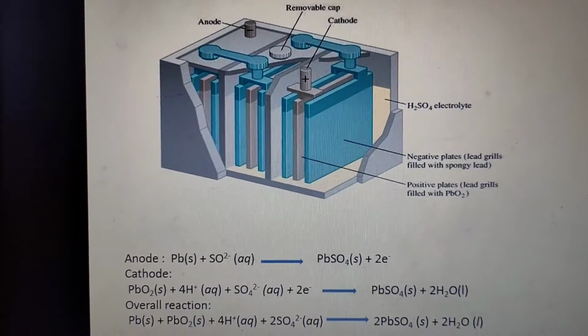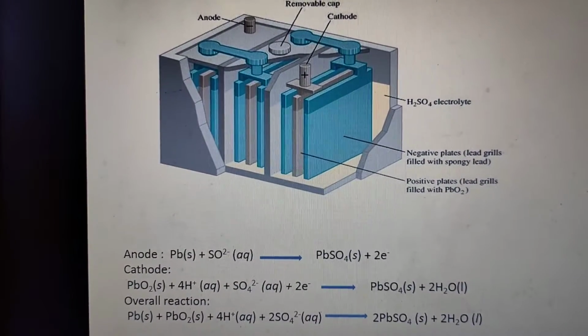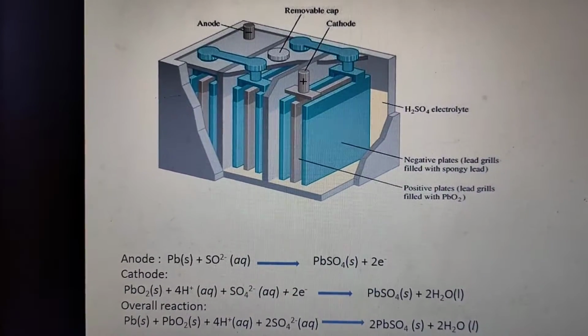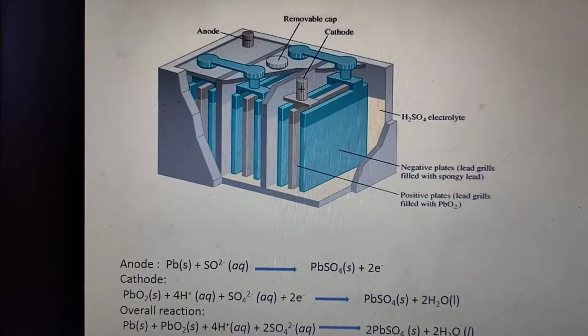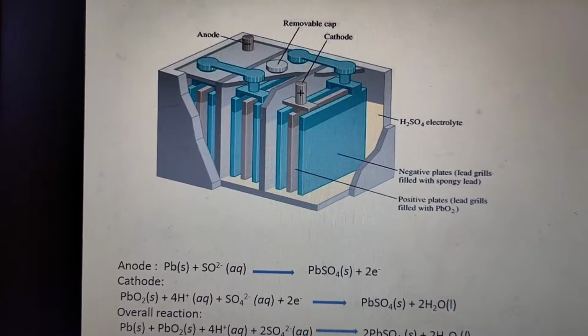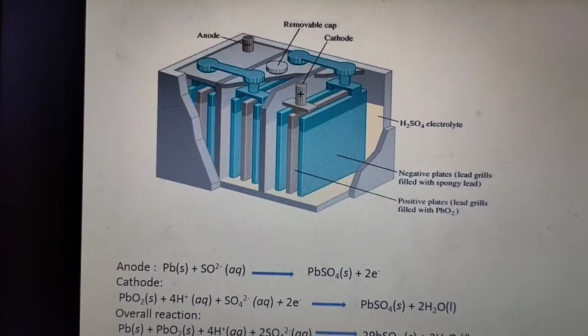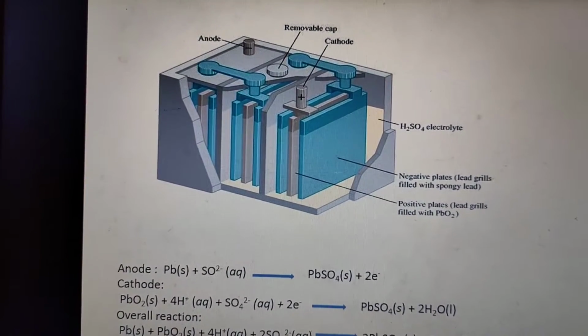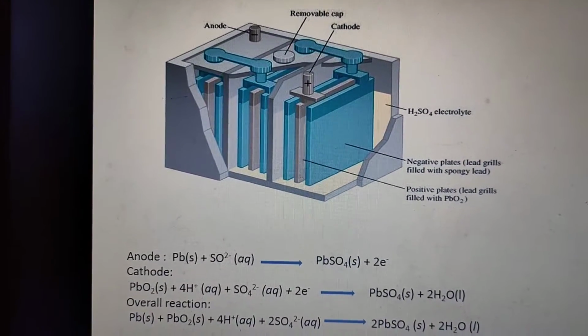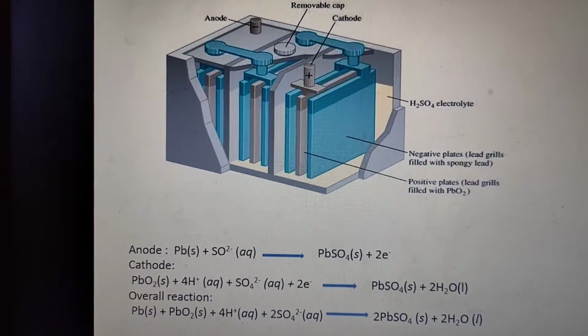See, this is a lead storage cell. You can see the anode is marked, then the cathode you can see. Now, the anode is lead plates, and the cathode is lead grills filled with lead dioxide.